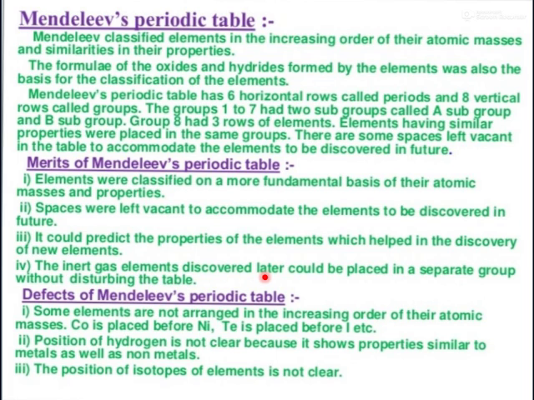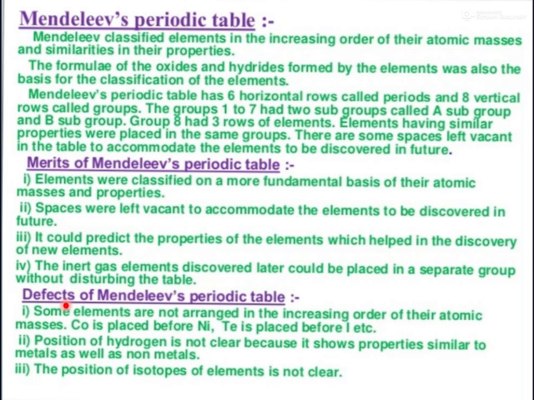At that time inert gases were not discovered, but when they were, they could be placed in a separate group without disturbing the table. So these are the good points, the merits of Mendeleev's periodic table.